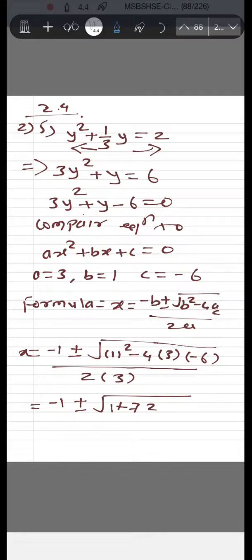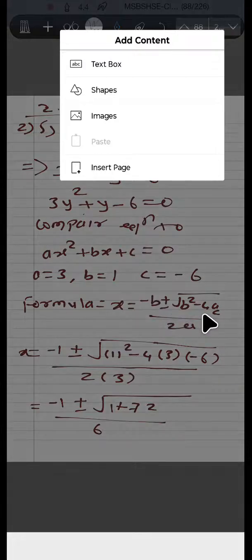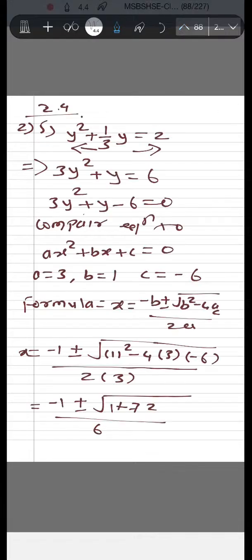And 2 3s are 6, which is equal to minus 1 plus or minus square root of 1 plus 72, which is 73, divided by 6.